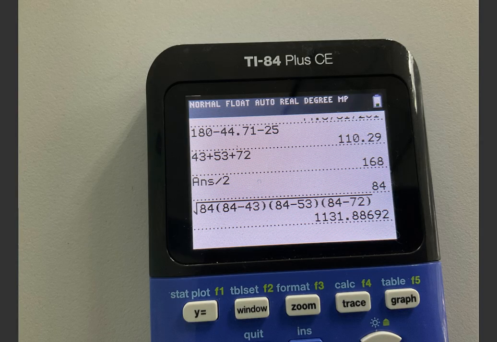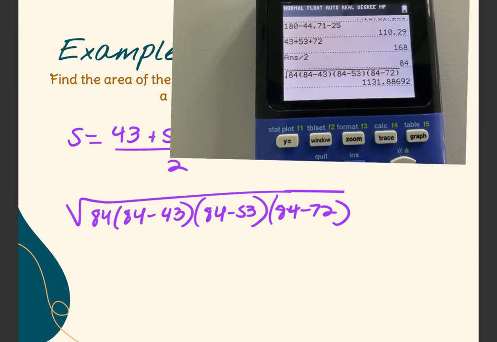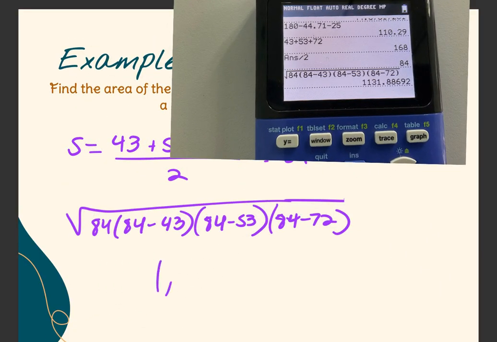So I type the whole thing in, just like that. And I get the area is 1,131.89.